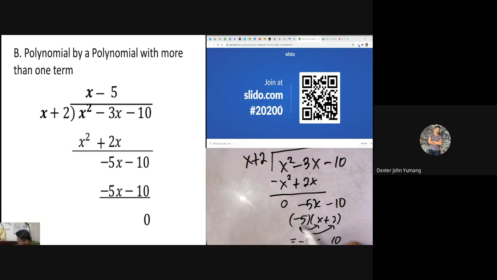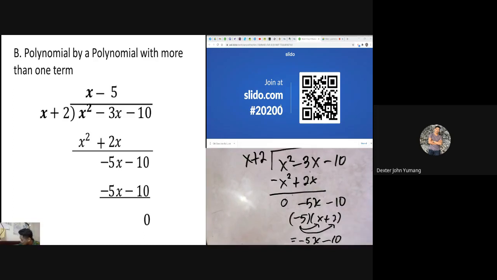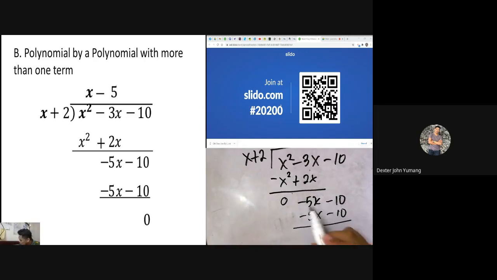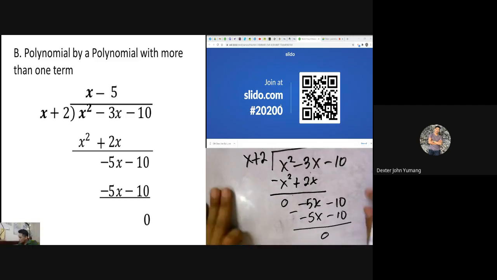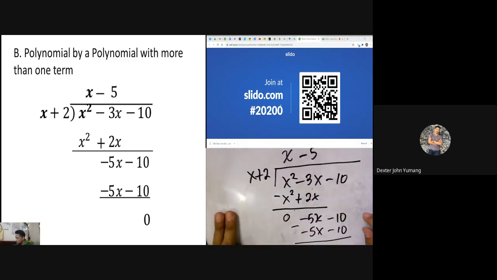The 5 is negative and the 2 is positive, different signs, so it is negative. So the answer here is negative 5x minus 10. We write it here. Then we subtract. You have negative 5x minus 10, and you subtract negative 5x minus 10. Nothing is left. So the answer now is x minus 5.